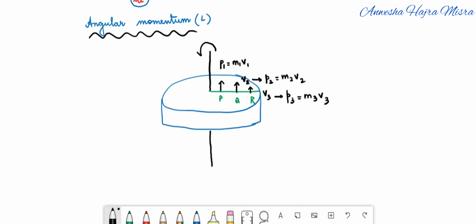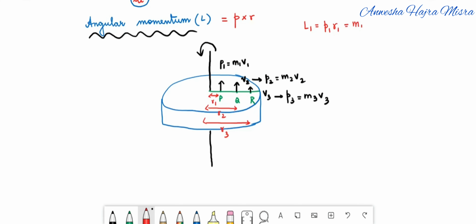This body is rotating about this axis. Angular momentum is linear momentum into perpendicular distance. Now this distance is r1, this distance is r2, this distance is r3. Angular momentum of particle 1 is P1 into R1.